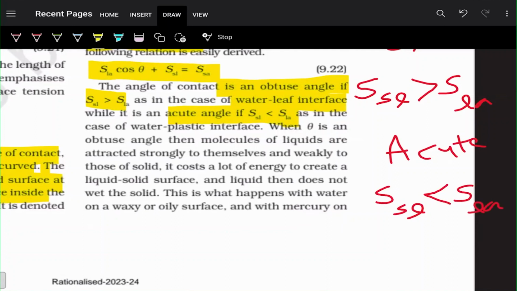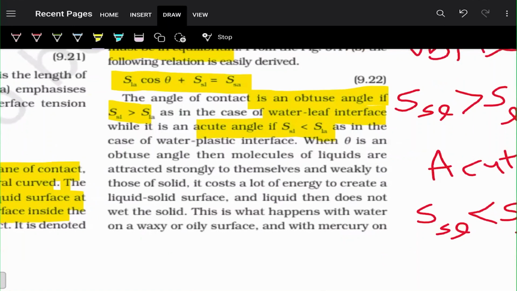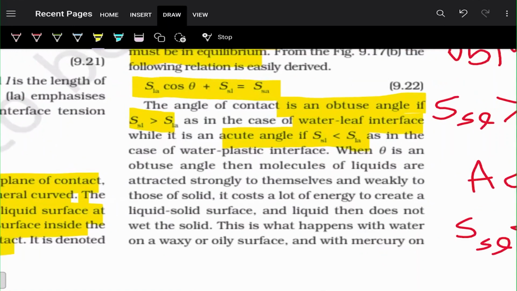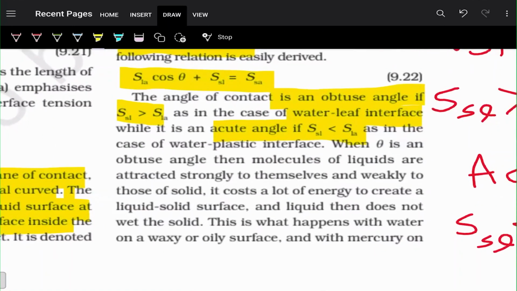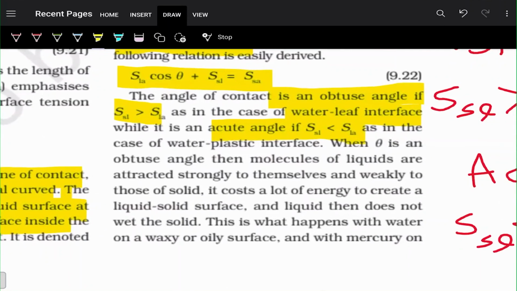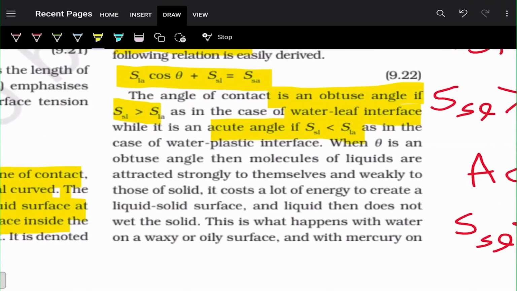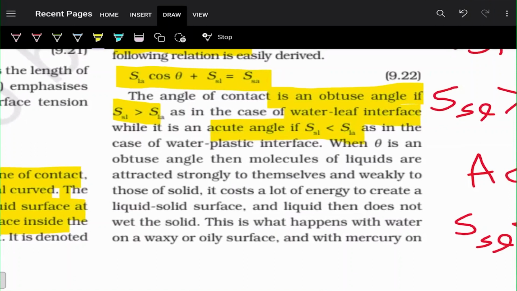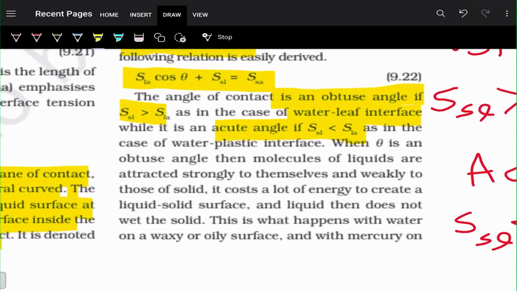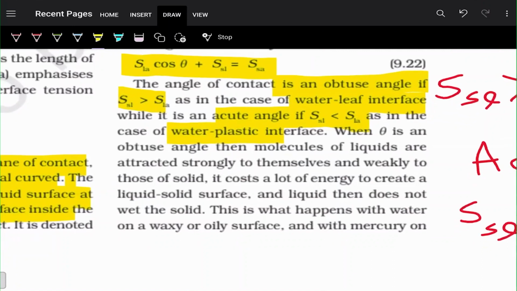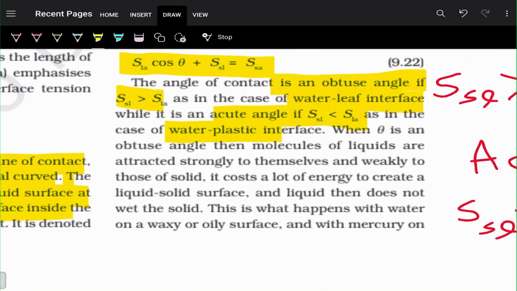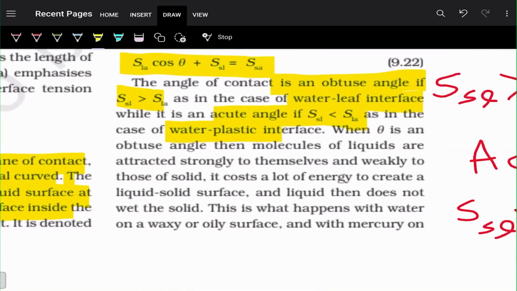The angle of contact is an obtuse angle if SSL greater than SLA, as in the case of water leaf interface, while it is an acute angle if SSL less than SLA, as in the case of water plastic surface. Correct? Okay. When theta is an obtuse angle, then molecules of liquid are attracted strongly to themselves and weakly to those of solid.